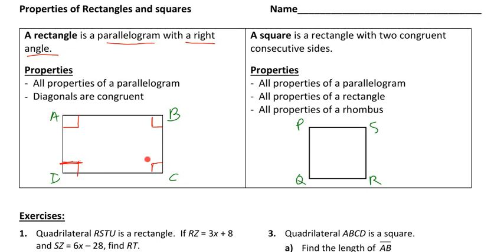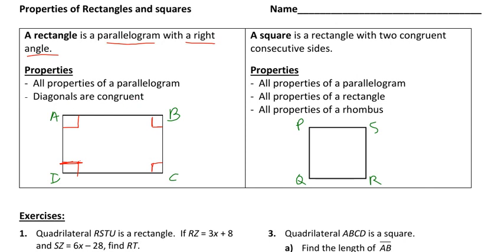Both pairs of opposite angles are congruent. Any two consecutive angles are supplementary. And diagonals bisect each other. Those are the properties of the parallelogram. And then it has one more special property that is for rectangles only.